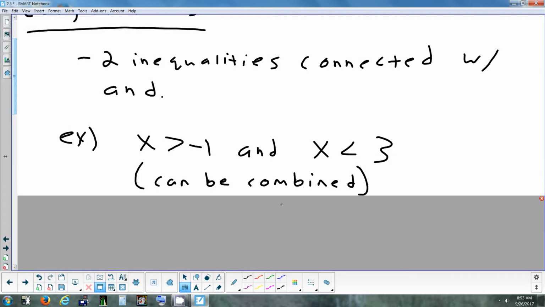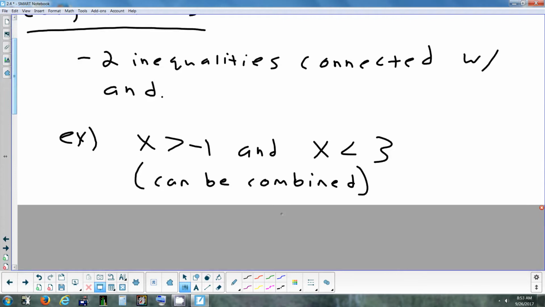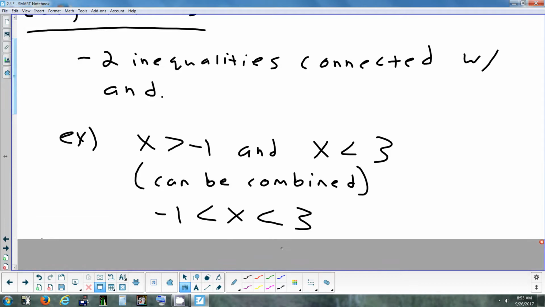Can anyone tell me how you would combine what I have up above into one statement? Yep. -1 is less than x, which is less than 3. That's one way to do it.